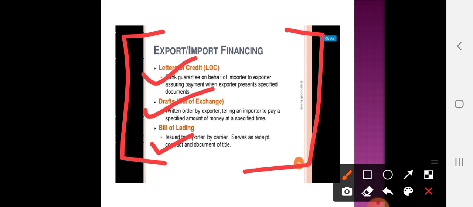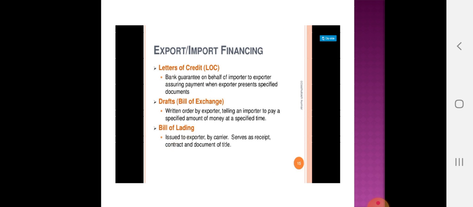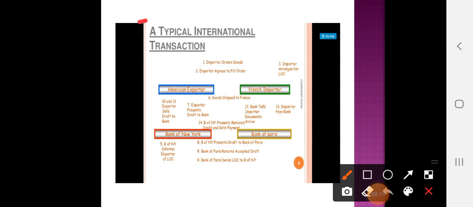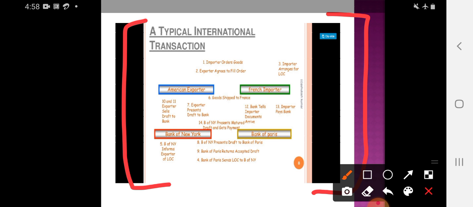What is bill of lading? It is issued by the exporter, and it is treated as a receipt, contract and document of title. Once you understand this concept, we can go to this. This is a normal transaction which happens between two countries.